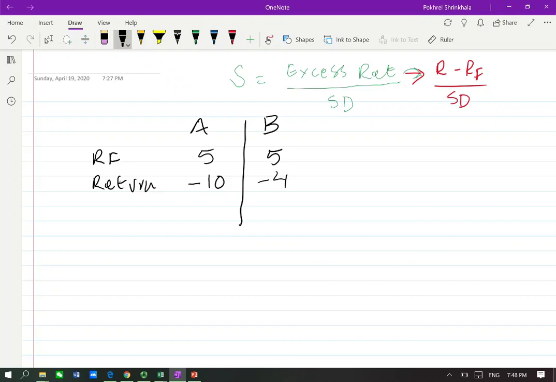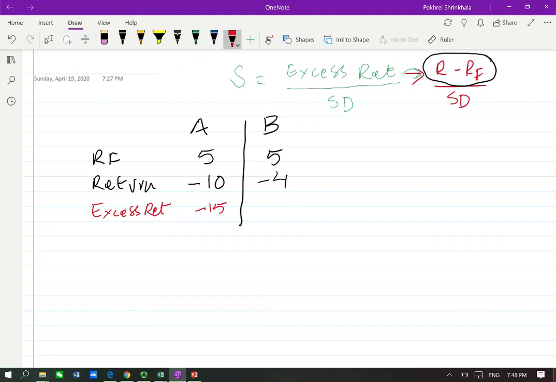So this then basically means we can now calculate this part, which is the excess return. So therefore the excess return is going to be minus 10 minus 5, so minus 15 for fund A, minus 4 minus 5, minus 9 for fund B.